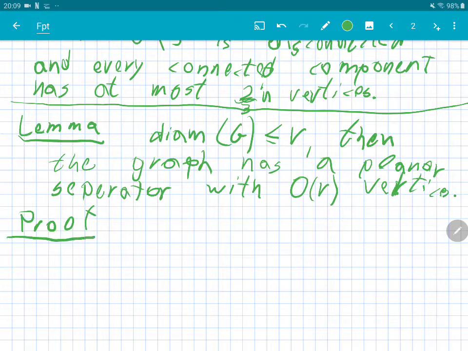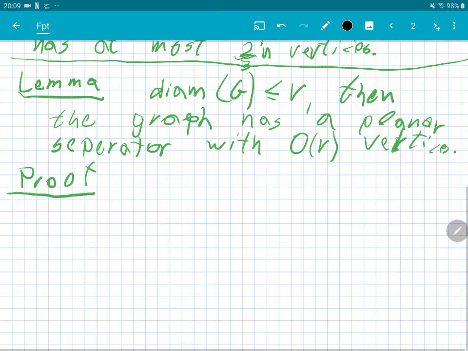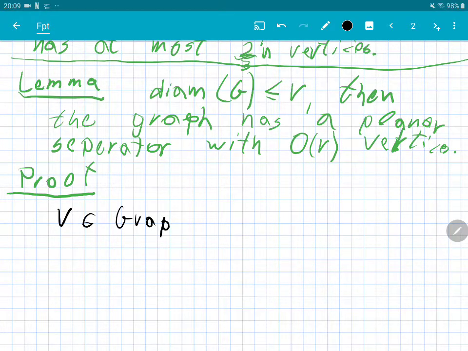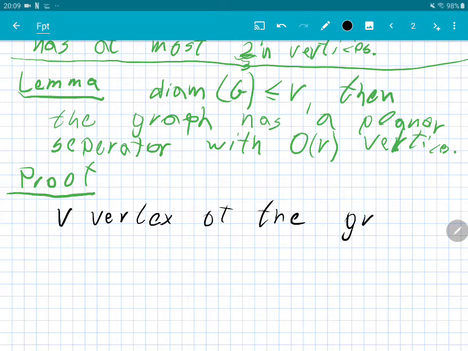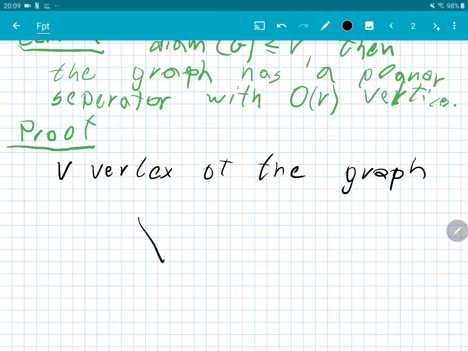And the nice thing is also that it demonstrates very nicely where planarity is playing a role. So you take a vertex V of the graph G, and you start the BFS. Think about the BFS as being drawn.